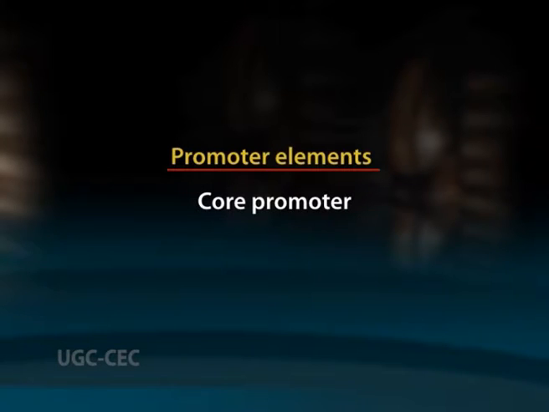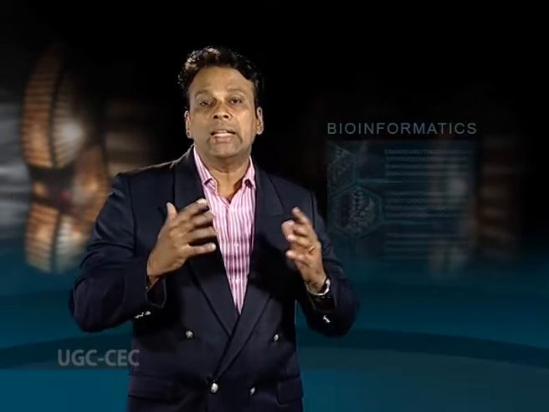There are two types of promoter elements, core promoter and proximal promoter. Core promoter is the minimal portion of the promoter required to properly initiate transcription. It includes the transcription start site, a binding site for RNA polymerase and general transcription factor binding sites, example TATA box.